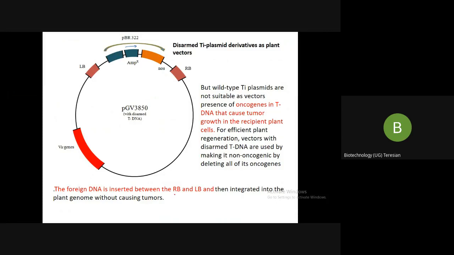Remember, if there are no right and left borders, whatever your insertion may be, your tDNA, that is your transfer DNA, will get terminated. So this is the principle behind a disarmed Ti plasmid. That is, we are removing our oncogene. In place of that oncogene, we are adding our gene of interest.